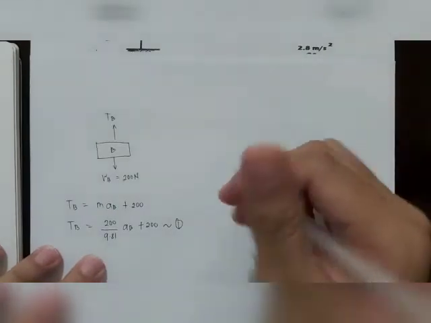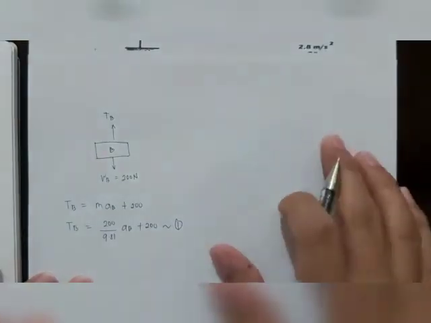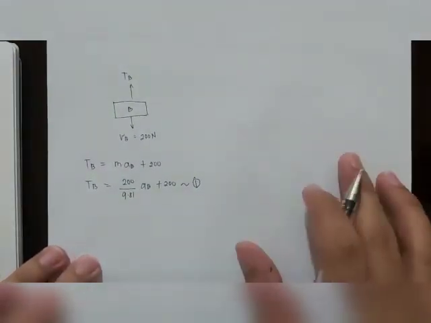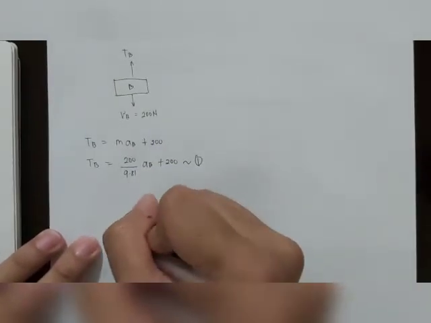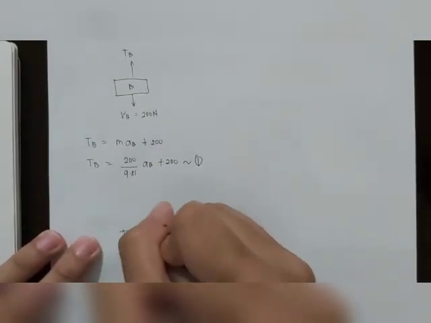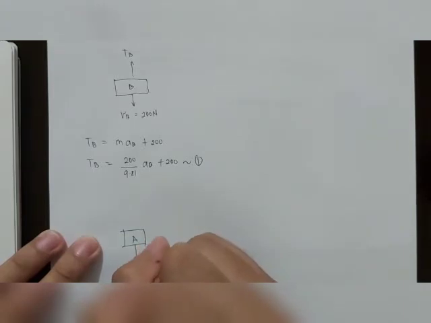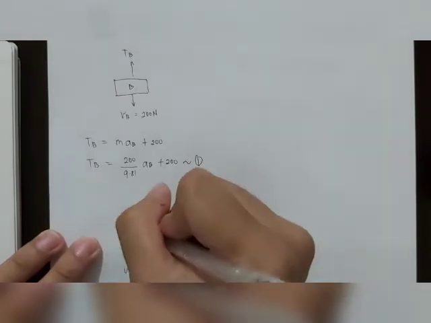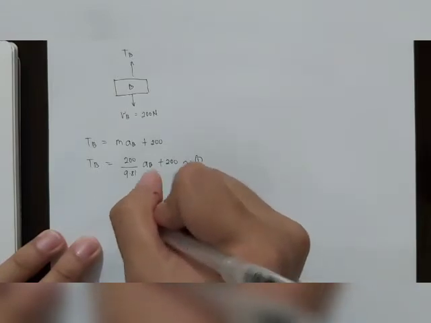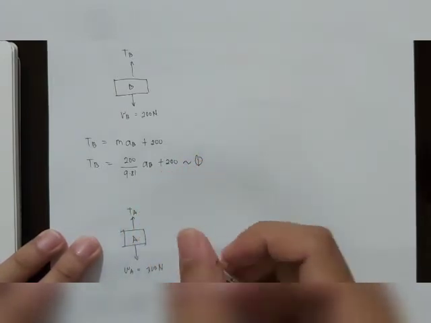So next is yung free body diagram naman ng block A natin. So we have the block A, then we have the weight of block A, which is 300 Newton. Then we have the tension of A. Then we have acceleration.